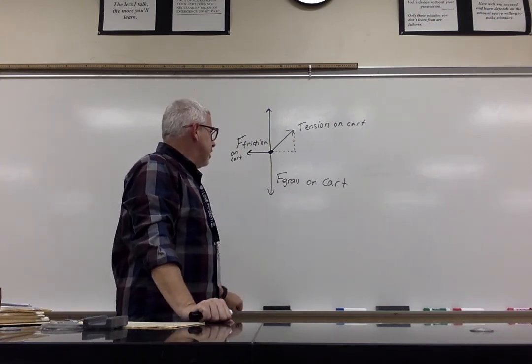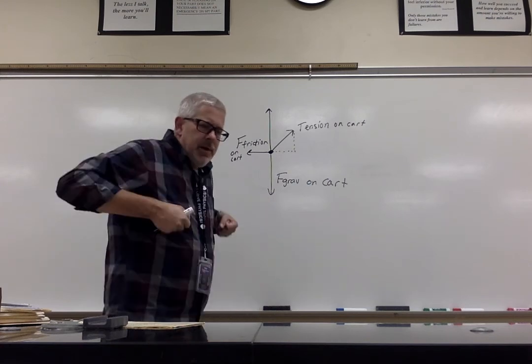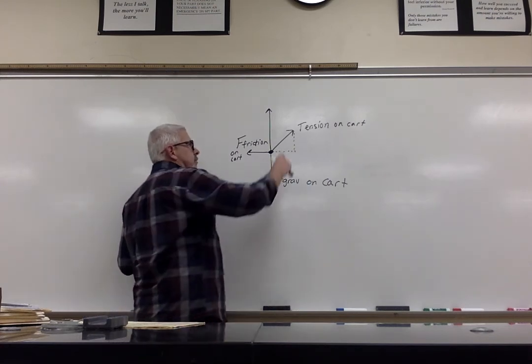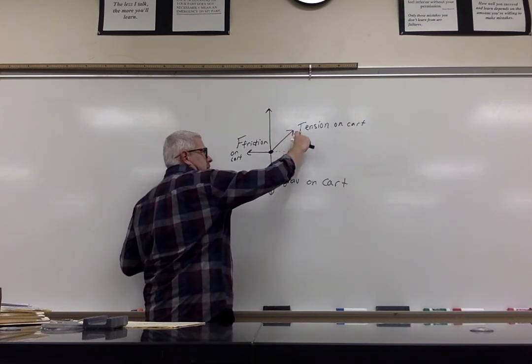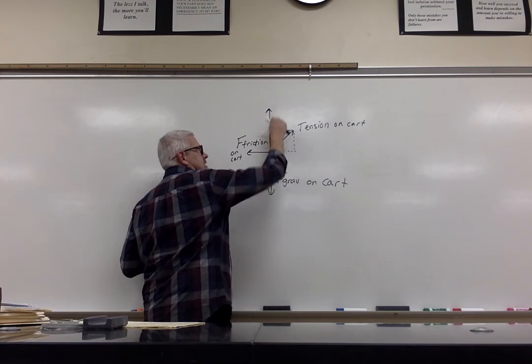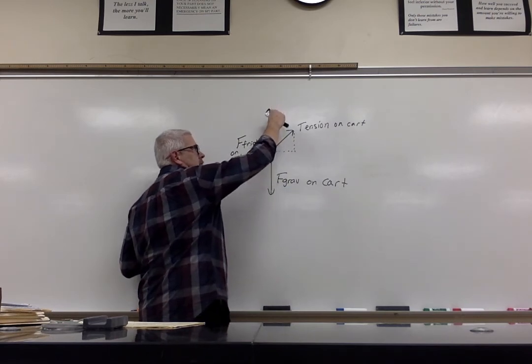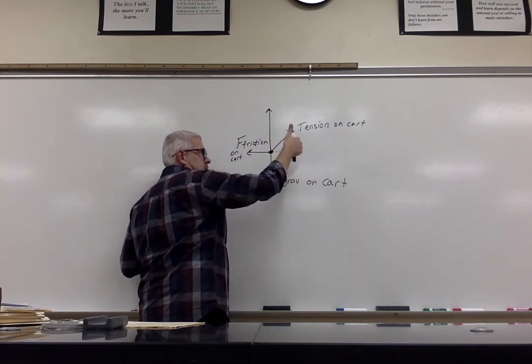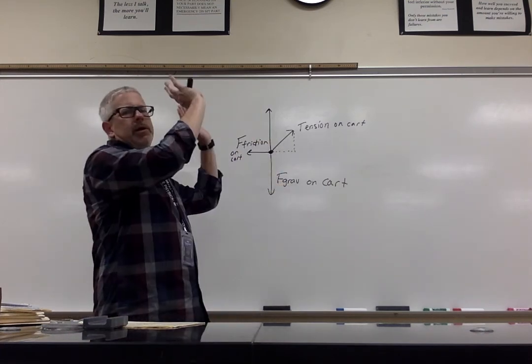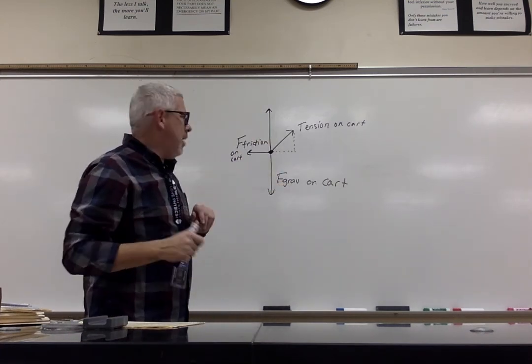But in this case, we actually haven't seen that, because when I lifted on the cart, it changed. We've got a force already going upward to some extent. And if I add this vertical component of the tension force and this full length of the floor pushing up, I would have an extra force up compared to my downward force of gravity, and that cart would be accelerating toward the heavens, and I didn't see that happen.